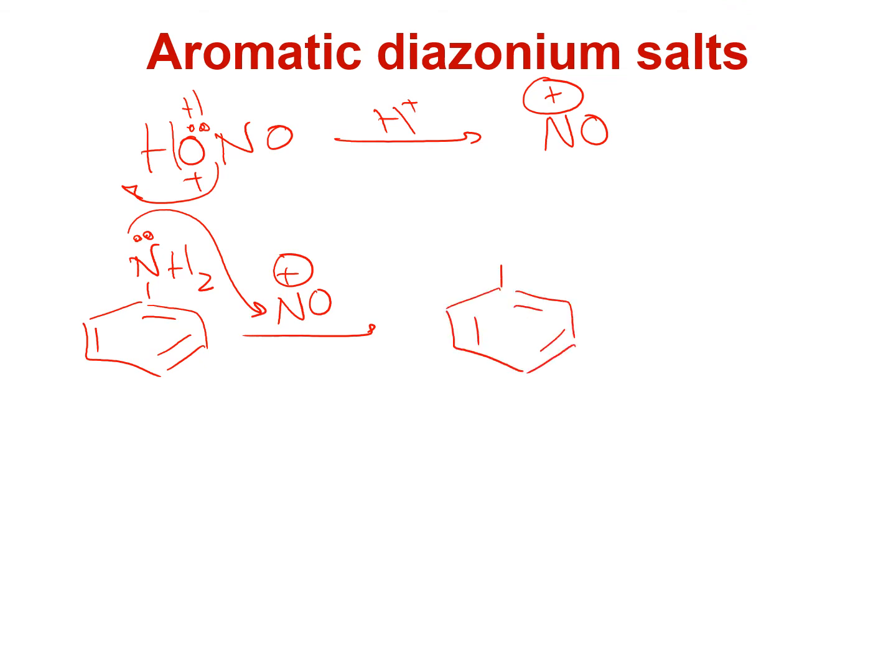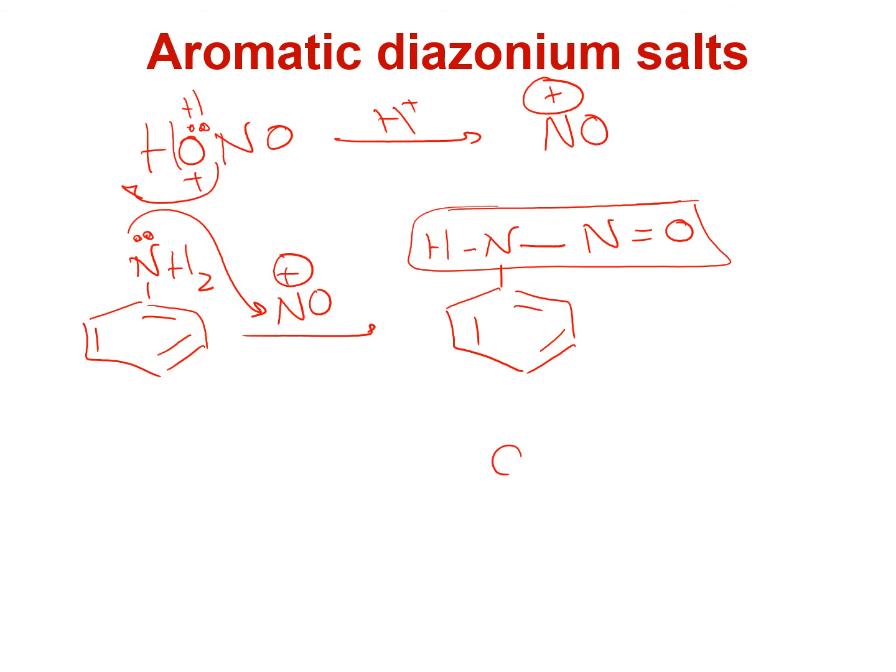You have the benzene ring and the nitrogen of the amine, and the nitrosonium is now attached to the nitrogen of the amine. If you look at this structure, it is very similar to this structure. What is the second structure?